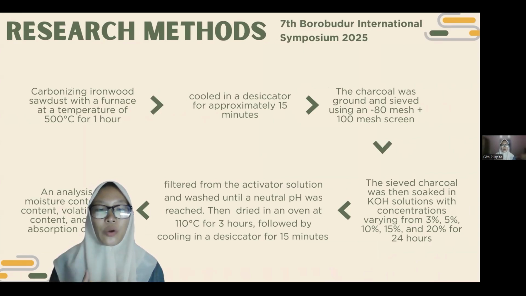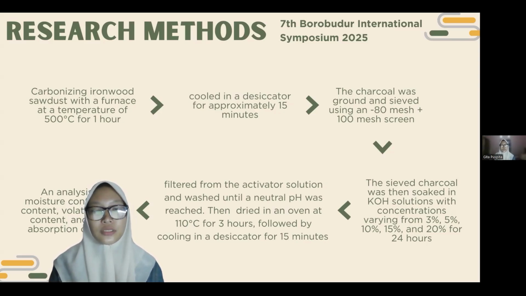The weighed KOH was dissolved in a 100 mL beaker, transferred into a 100 mL volumetric flask, and distilled water was added until the solution reached the mark. Then we homogenize it. This procedure is repeated to prepare the other KOH solution concentrations.